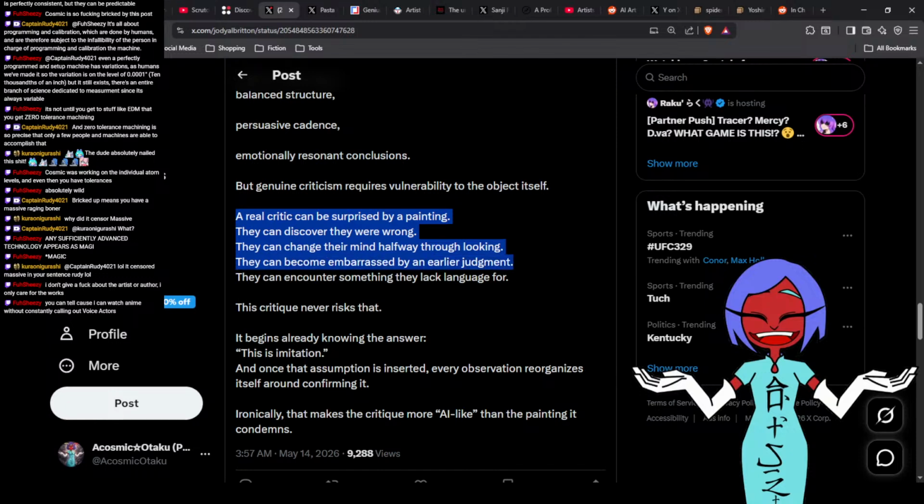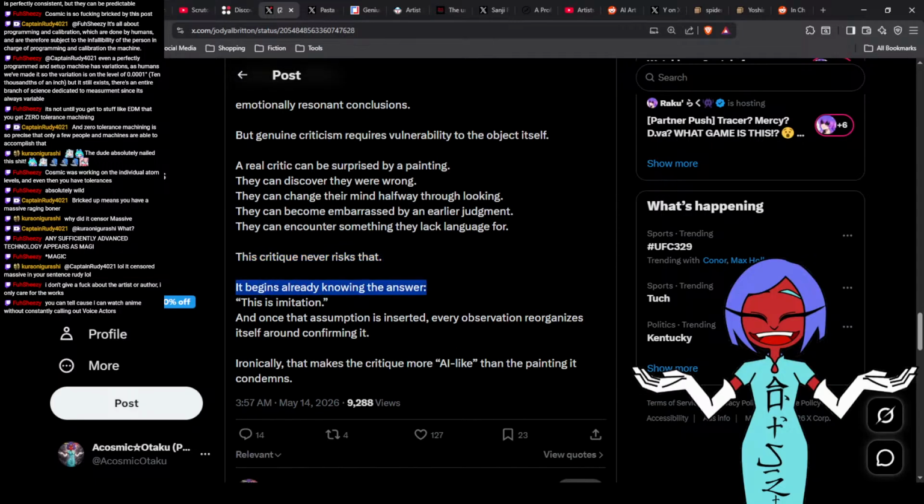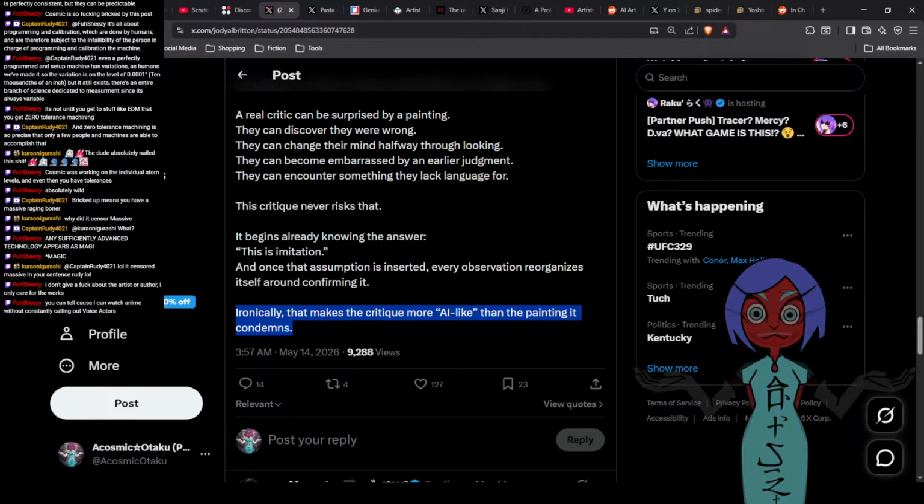They can become embarrassed by an earlier judgment. They can encounter something they lack language for. This critique never risks that. It begins already knowing the answer. This is imitation. And once that assumption is inserted, every observation reorganizes itself around confirming it. Ironically, that makes this critique more AI-like than the painting it condemns.